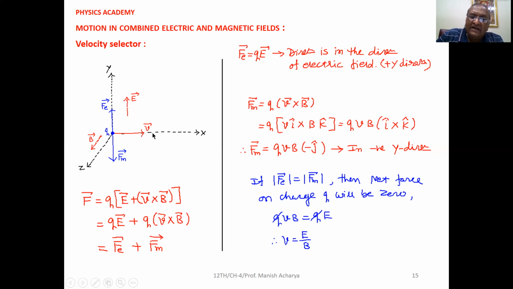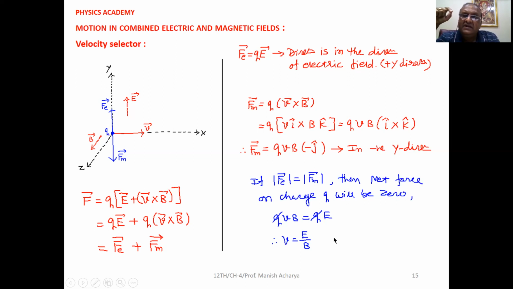So what will be that velocity? If magnitude wise electric force and magnetic force are the same, then we can write qvB, the magnitude of the magnetic force, equal to qE, the magnitude of the electric force. q cancelled. So v is equal to E upon B.